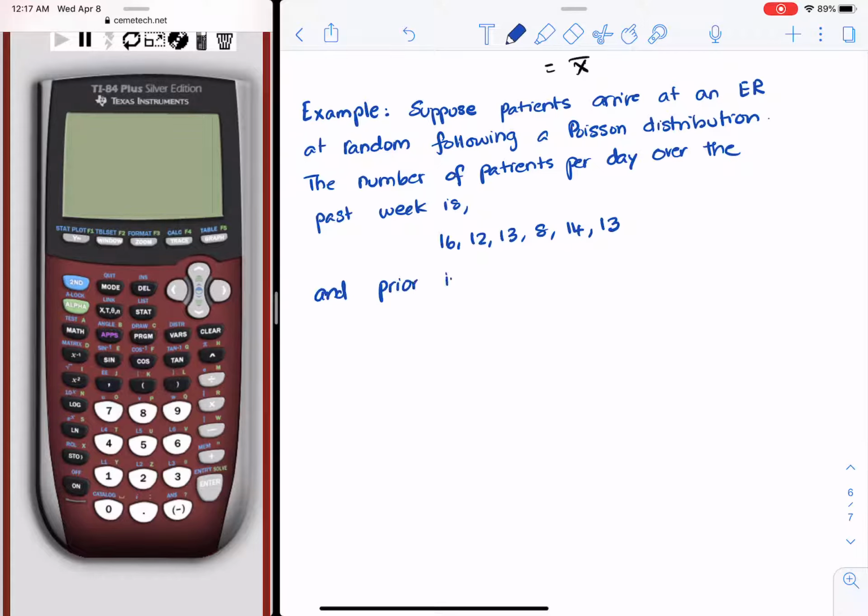And prior information indicates that the prior is gamma 5, 2.